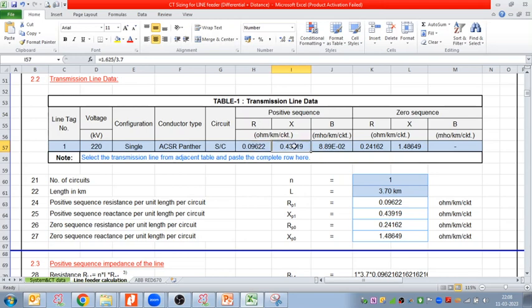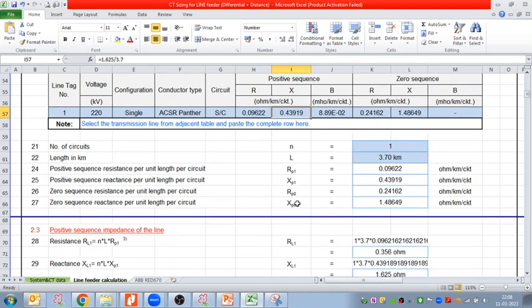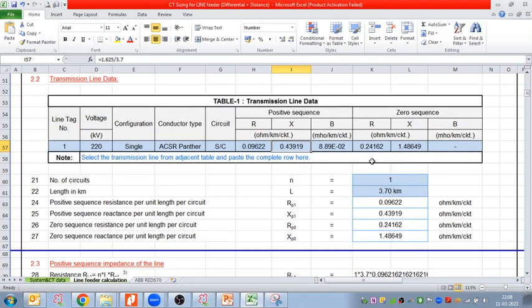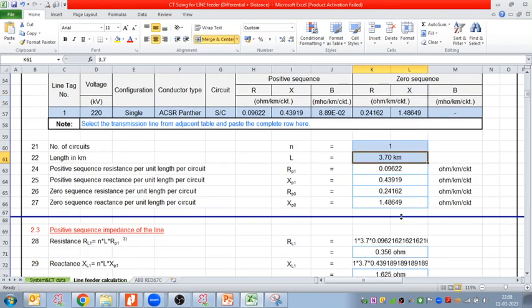If you are not converting to per kilometer, there is no need to calculate; you can directly put the total resistance and total reactance, no need to convert per kilometer, right? So here we got this R, X, positive sequence and zero sequence. This value we put in this Excel. Number of circuits is one, length 3.75 kilometers.